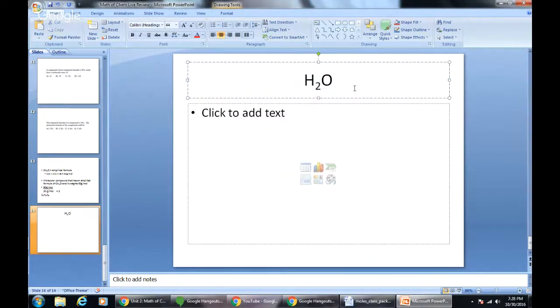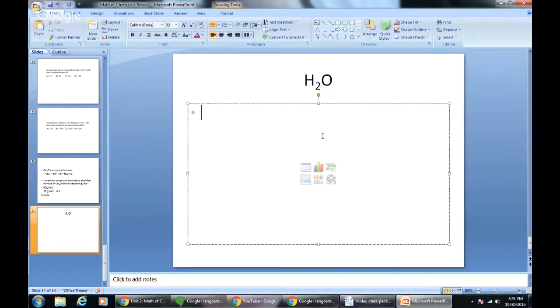You have to account for every atom. There are 2 hydrogens, and there is 1 oxygen. Hydrogen weighs 1, and oxygen weighs 16. Now I need to add it together, and that will be my gram formula mass. So it's 18 grams per mole of H2O.